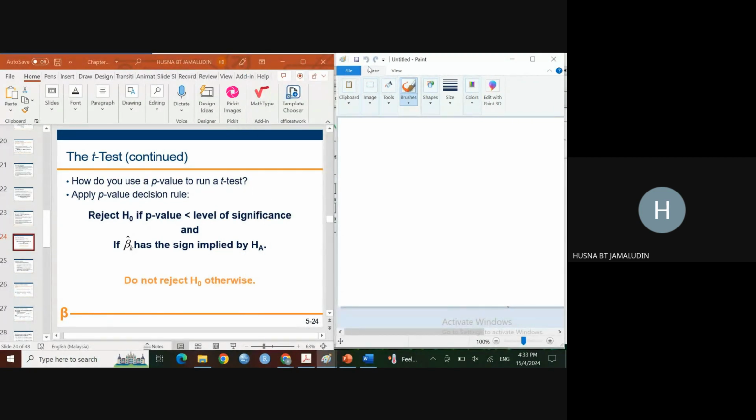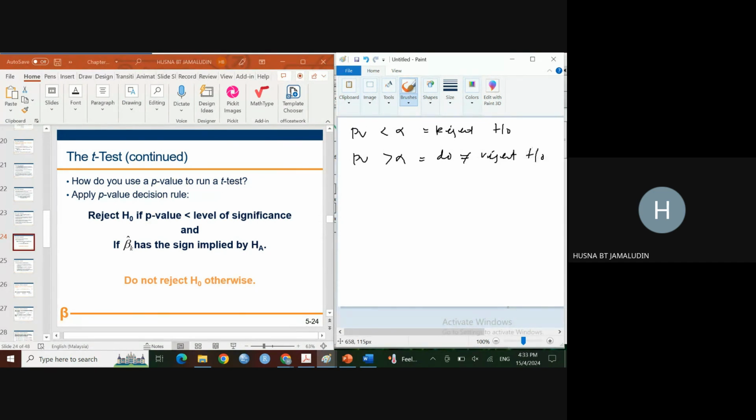So for the PV, you always have to compare with alpha. If the PV is lower than alpha and you have the expected sign, you have to reject H null. If the PV is bigger than alpha, do not reject H null.